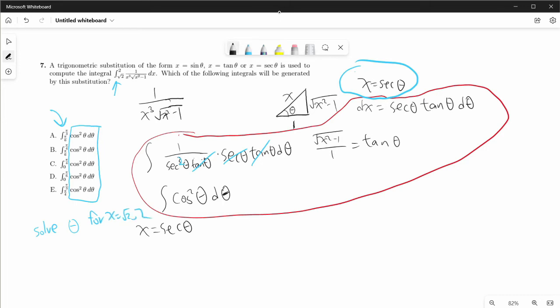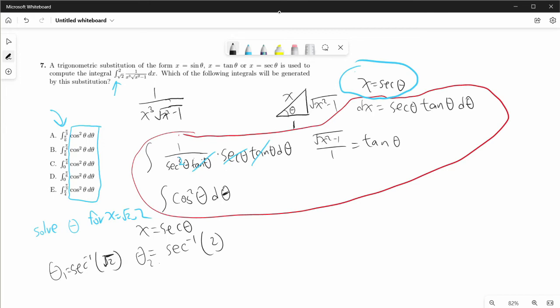right? So theta will equal secant inverse of 2 for the upper limit. I can call it secant inverse of 2 for the upper limit, and secant inverse of 1 would be the same thing but for root 2.